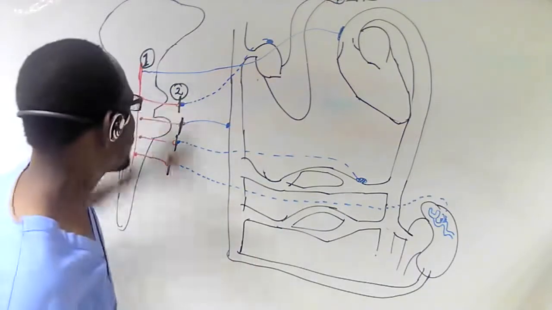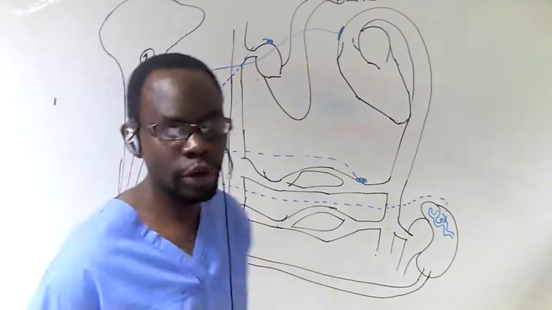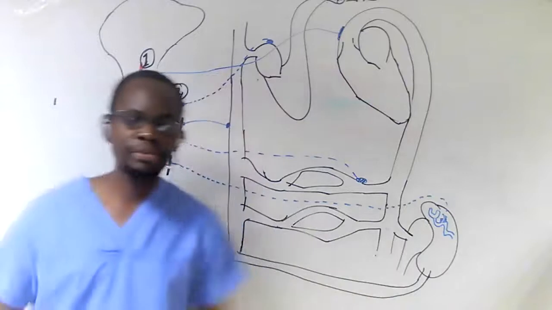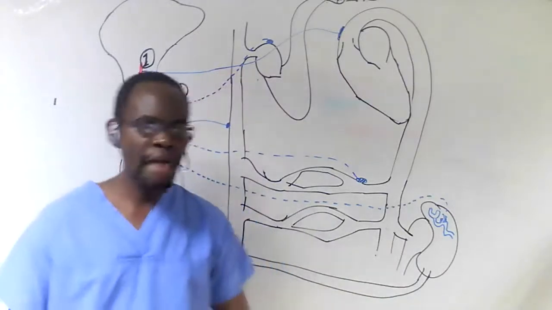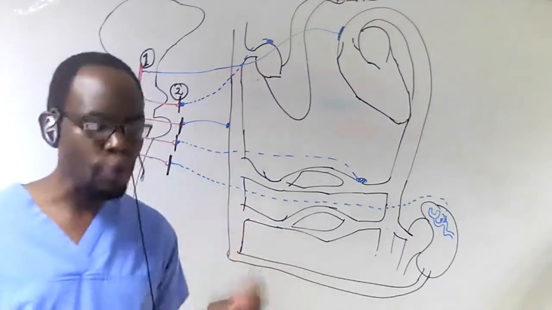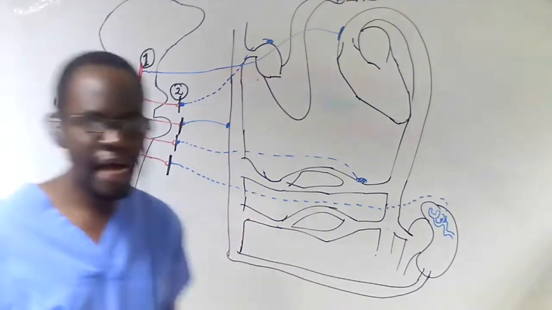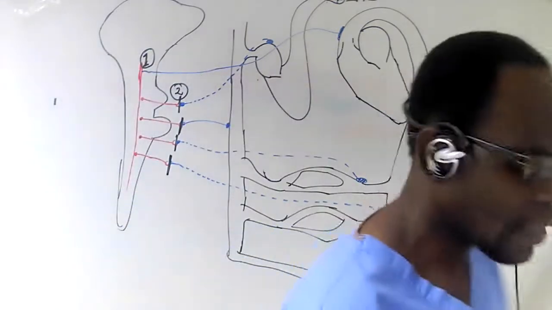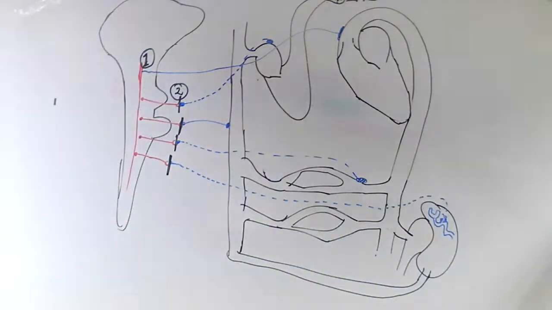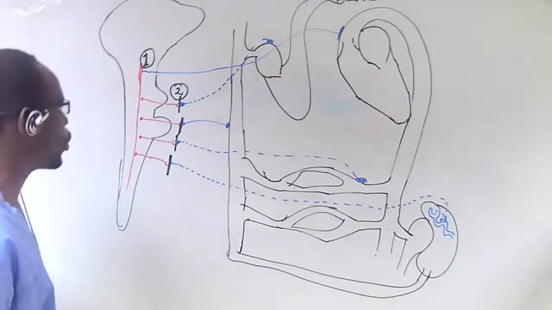Then we came to ganglion blockers, of which we gave examples like hexamethonium. Now, we want to continue with another group of antihypertensives, and these are known as postganglionic sympathetic nerve ending blockers.